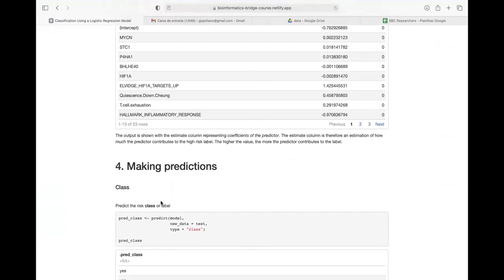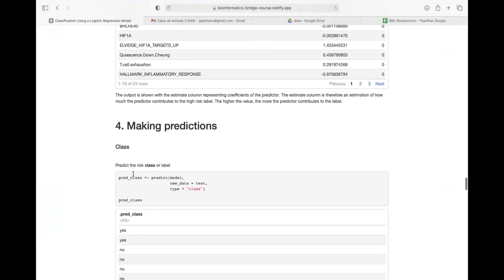Now let's come here to the predictions. And so the command to predict the class, that means the command to predict whether it's high risk or low risk, is this command. So we use the function predict, and then the model that we constructed, and this parameter, new data.